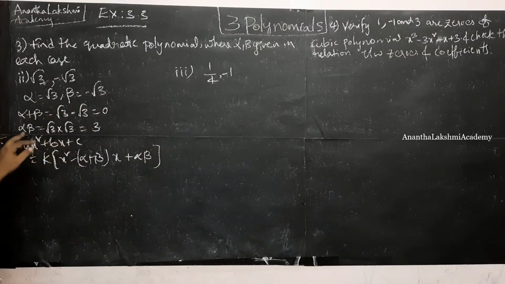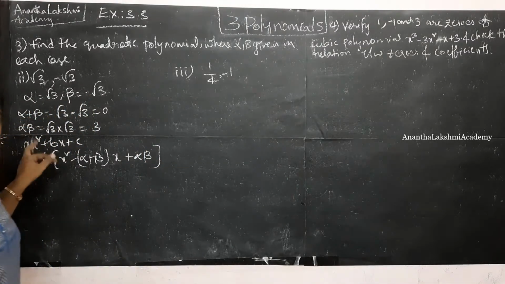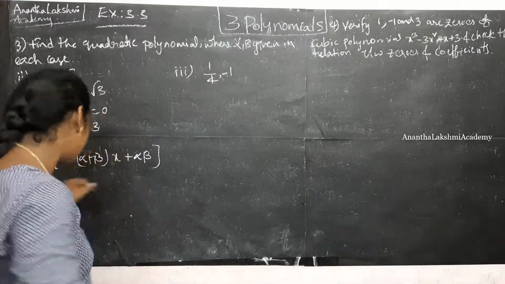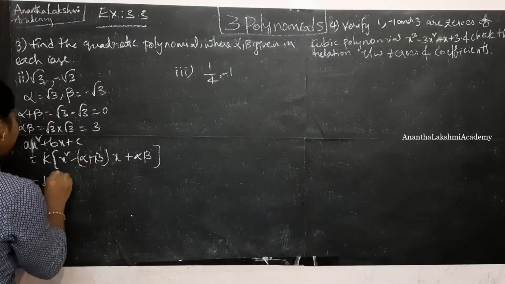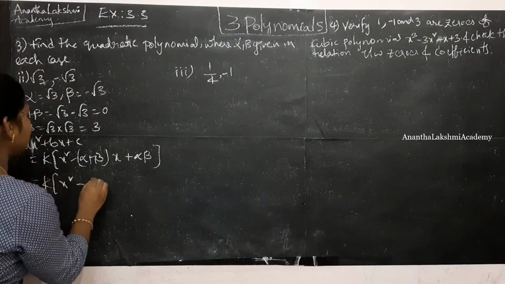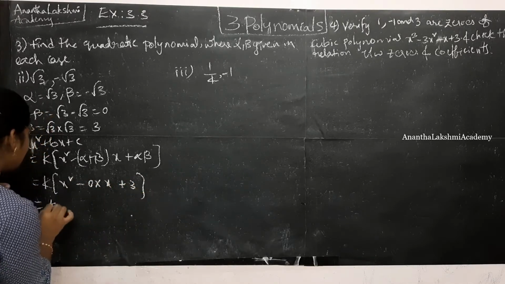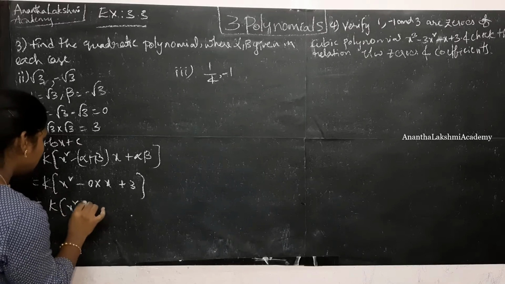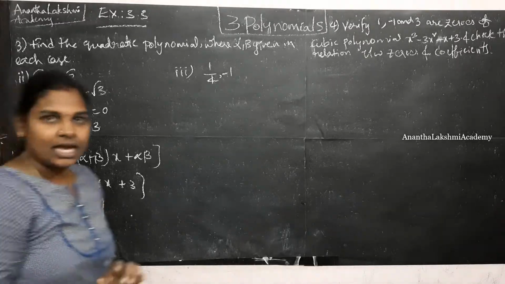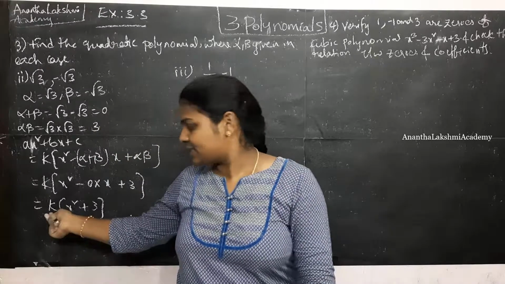Now that you know alpha plus beta and alpha beta, can we substitute in the values? Yes, which is x square minus 0 into x plus 3, which becomes k into x square plus 3. But can we write any polynomial just in case of k?